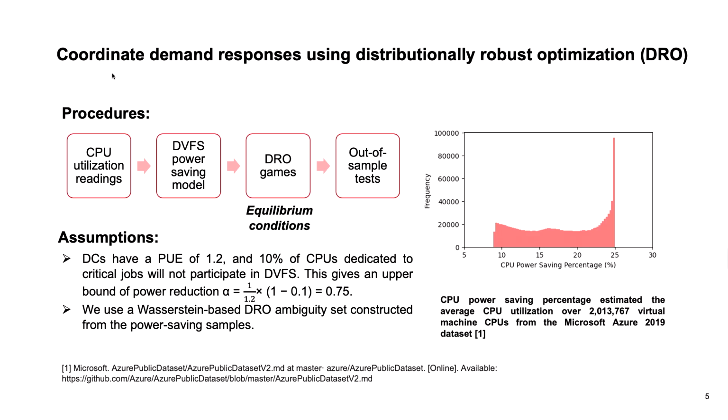Basically, the procedure was we extract the CPU utilization readings from different computers, then apply the DVFS power saving models and conduct a game, trying to model how the data centers bid this service in the power market. Then we try the out-of-sample test to see how reliable this service is. And here is a CPU power saving index we calculated from the real data trace from the Microsoft dataset.